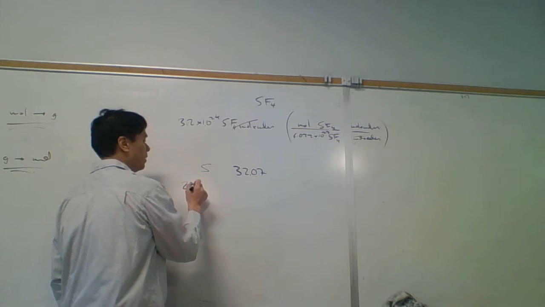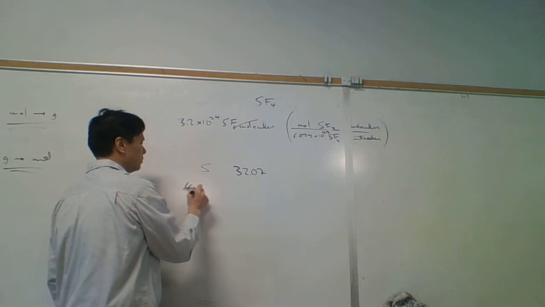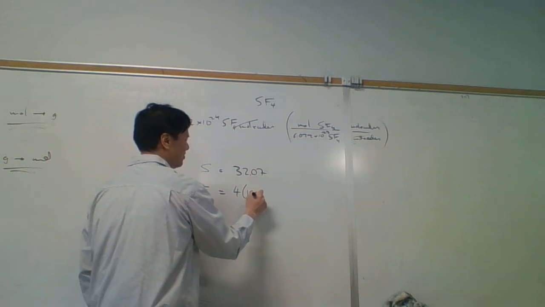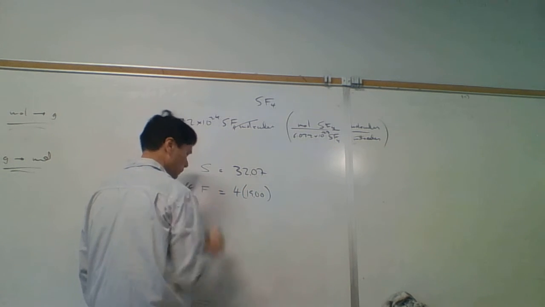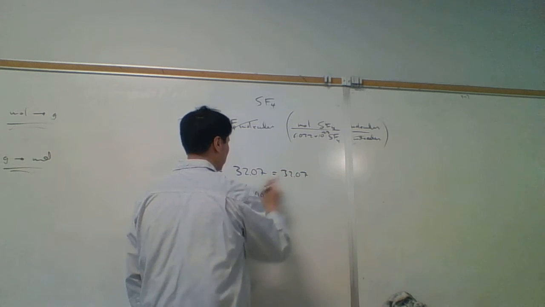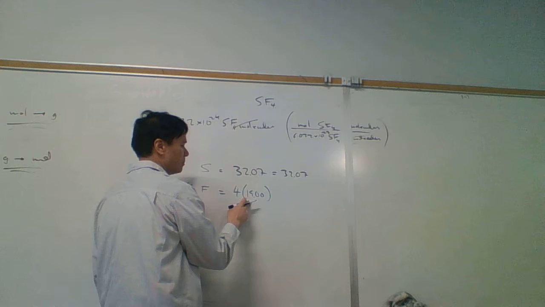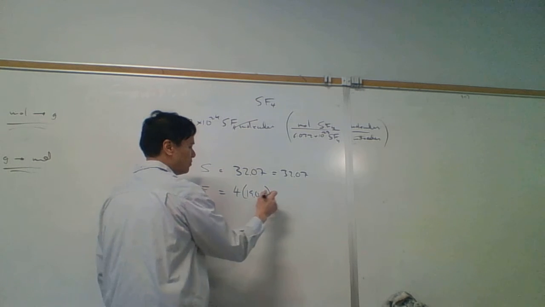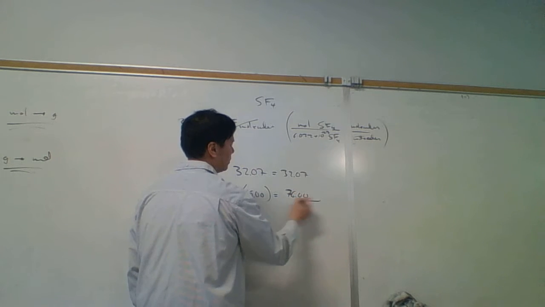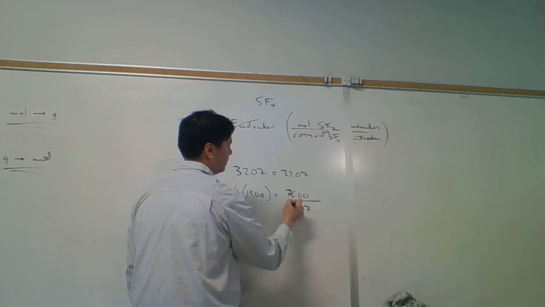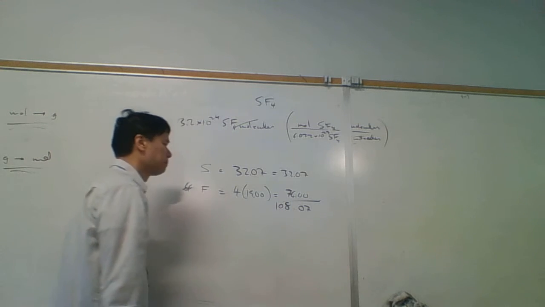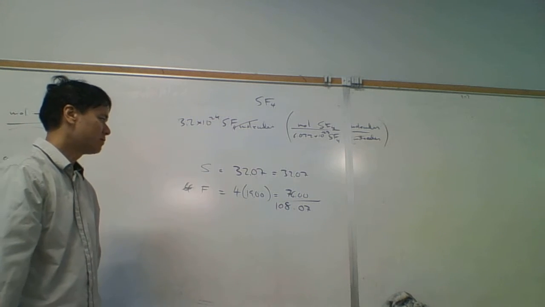And then we have 4 fluorines, so that's going to equal 4 times, and we called it 19.00 earlier. So this is 32.07, and then 4 times 19 would be like 4 times 20 would be 80 minus 4 would be 76. 7, and then 8, 108.07.